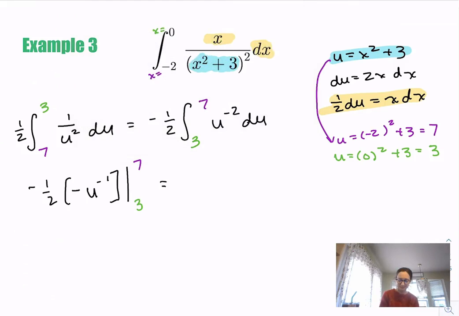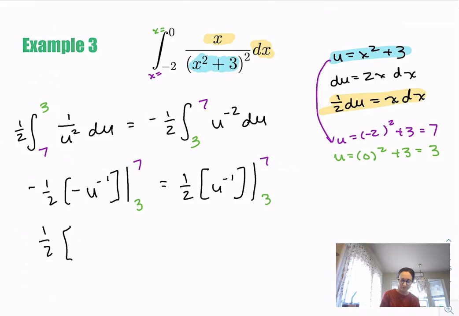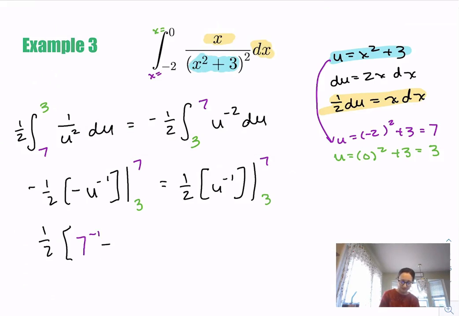So -1/2 times an understood -1 will be +1/2. And then u to the -1, let's focus on that, and evaluate that at 7 and 3. Okay, so we've got 1/2, and then I've got 7 to the -1 minus 3 to the -1.